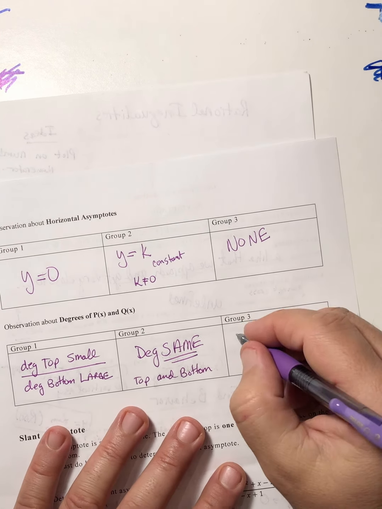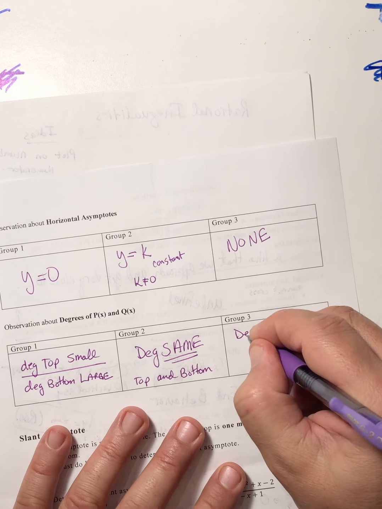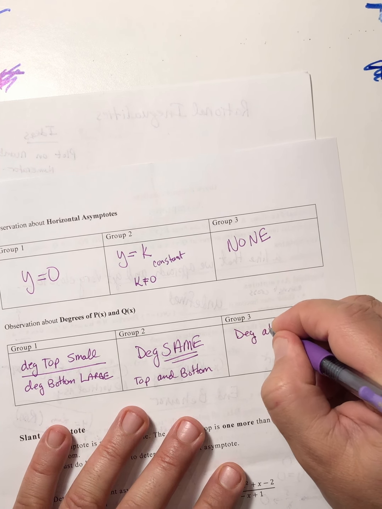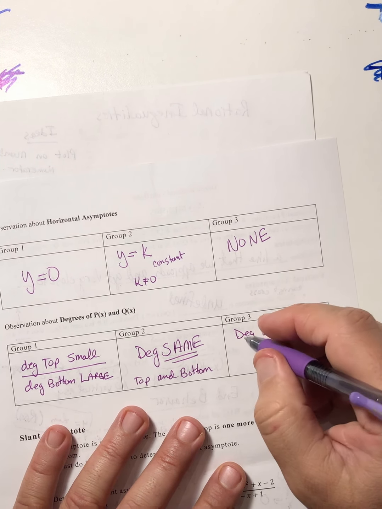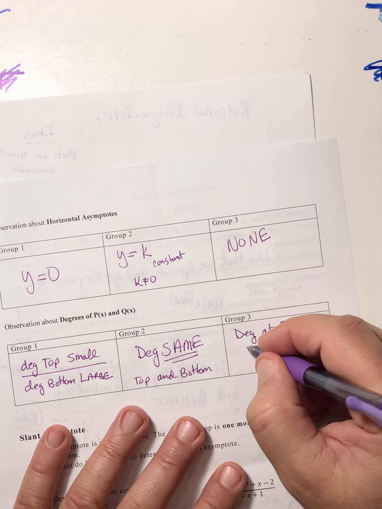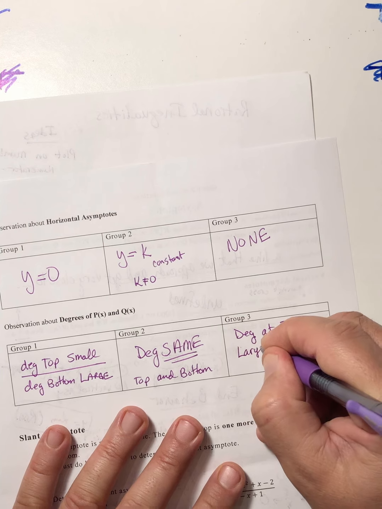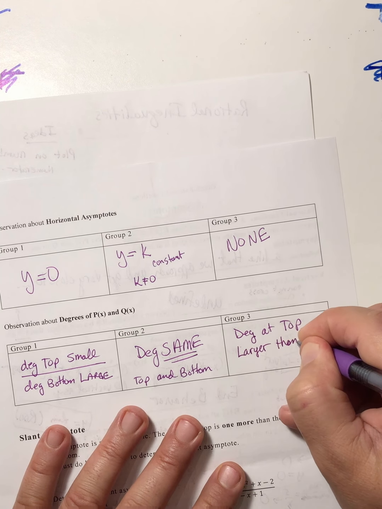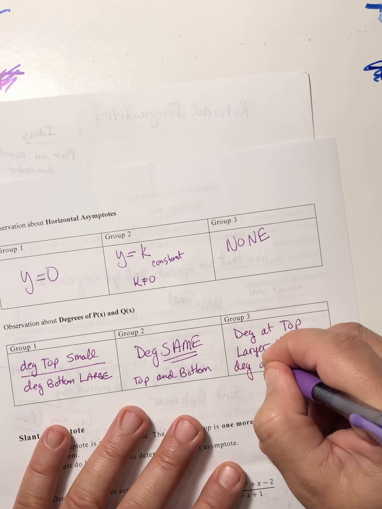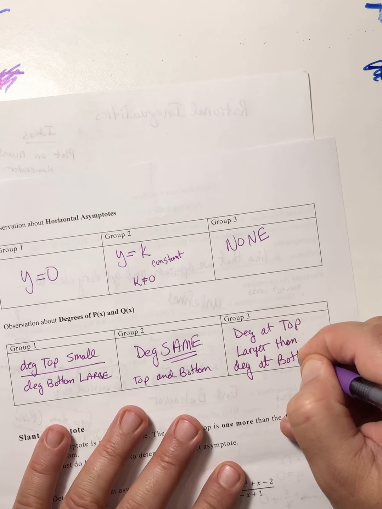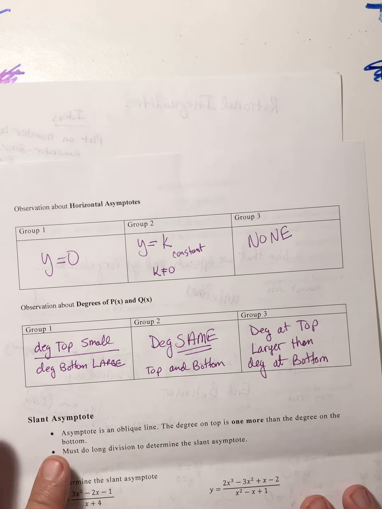And the last group, degree at the top larger than degree at the bottom.